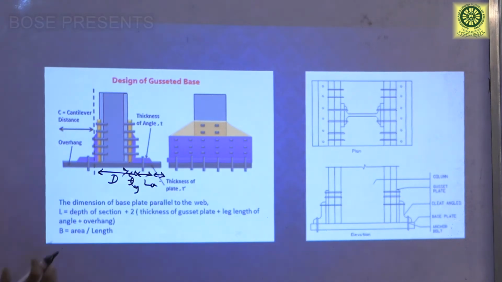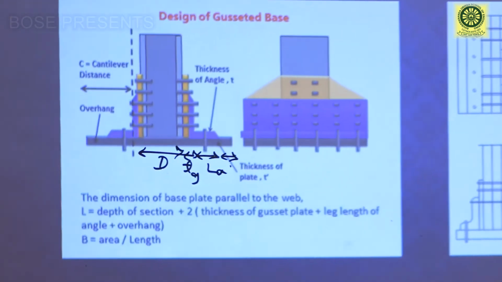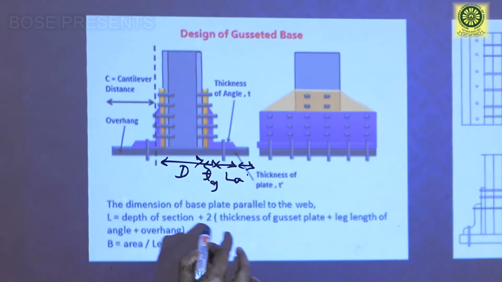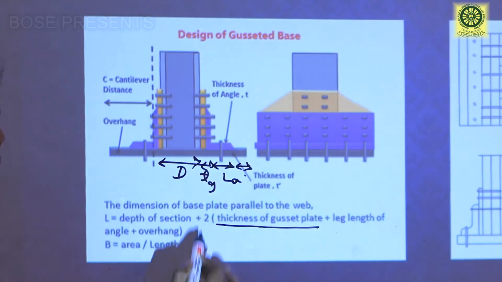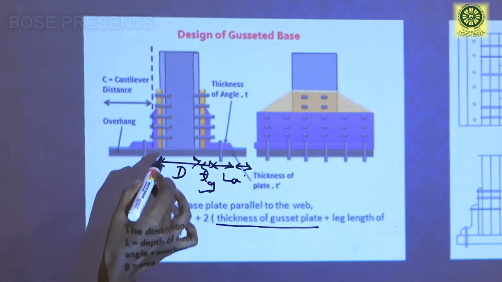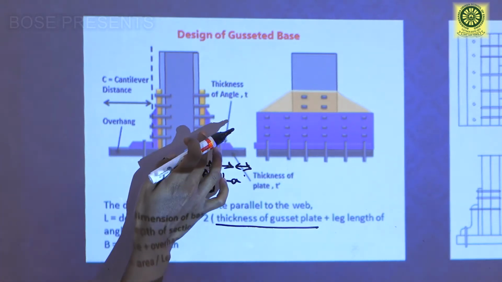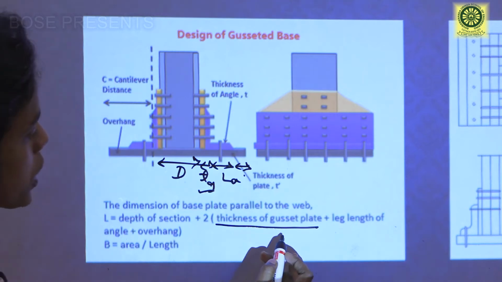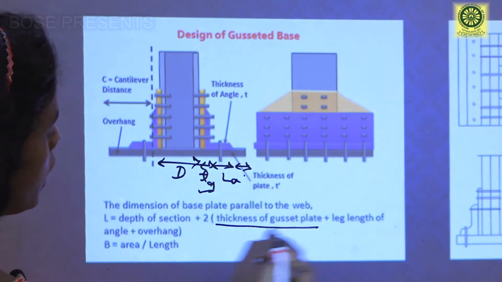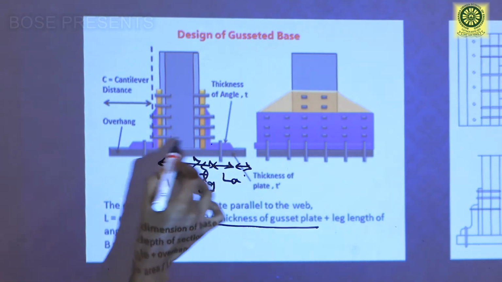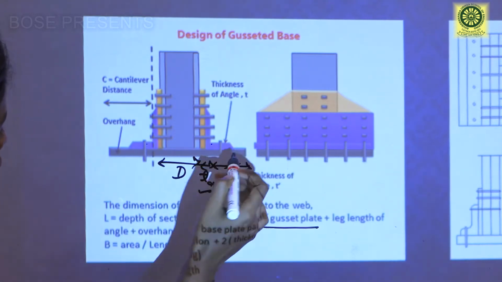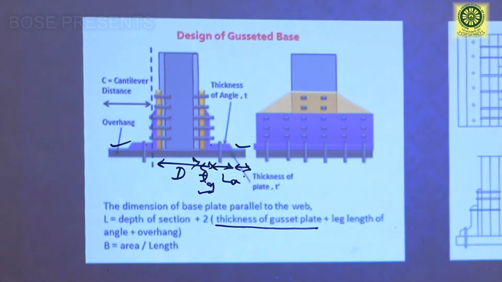So overall, the length of the gusseted base is equal to the depth of the section D, plus 2 into TG, the thickness of the gusset plate, because one gusset plate is here and another is here, plus 2 into the leg length of the angle, since two angles are used, plus the overhanging portion.